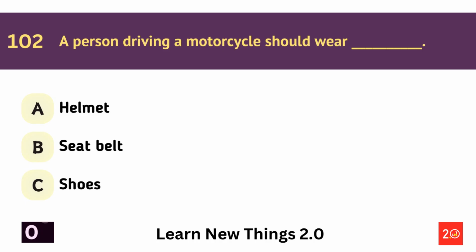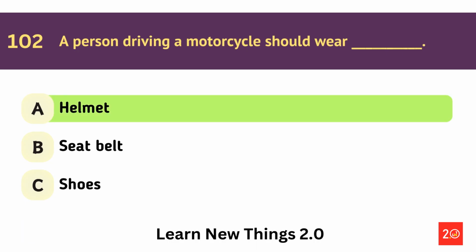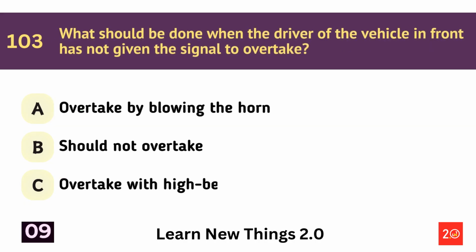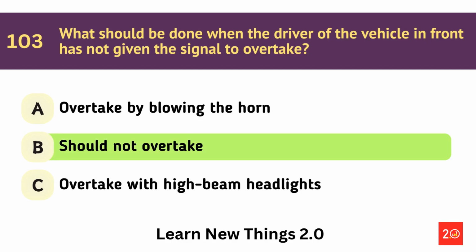A person driving a motorcycle should wear helmet. What should be done when the driver of a vehicle in front has not given the signal to overtake? Should not overtake.